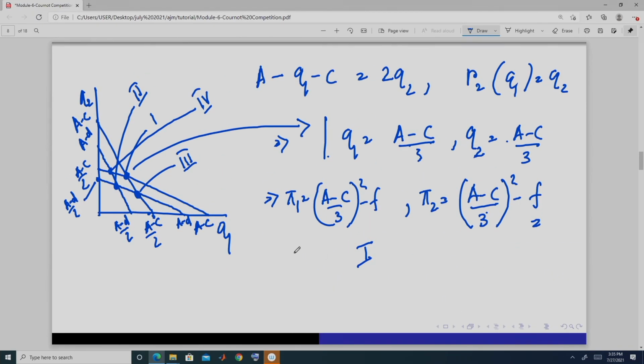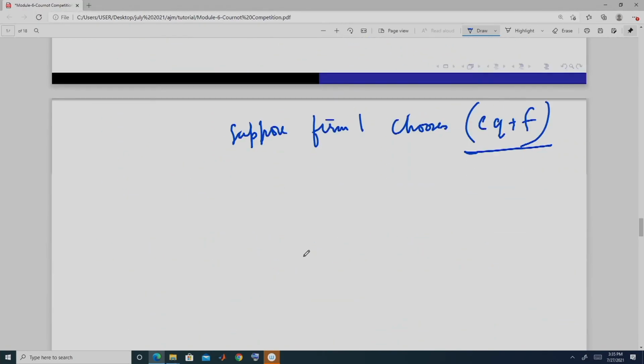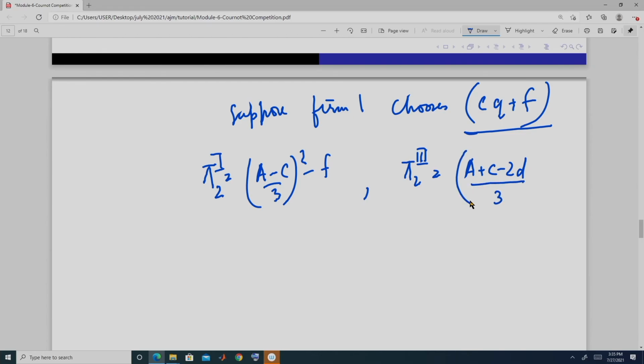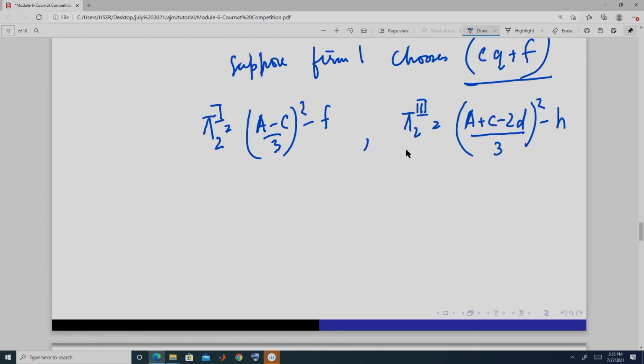So, the profit of farm 1 in case 1 is this, and the profit of farm 2 in case 3 is this. When it is going to choose this, it has to compare between these two. When is it possible?